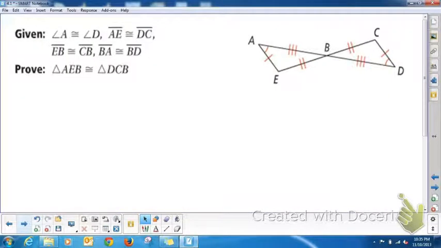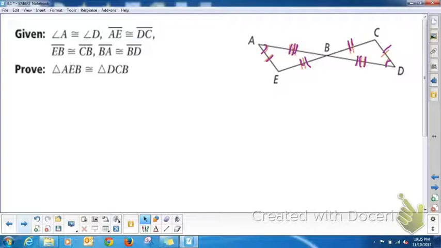You take a minute. See if you can prove that these two triangles are congruent, given that angle A is congruent to angle D, segment AE is congruent to segment DC, EB is congruent to CB, BA is congruent to BD. Can you prove that these two triangles are congruent?